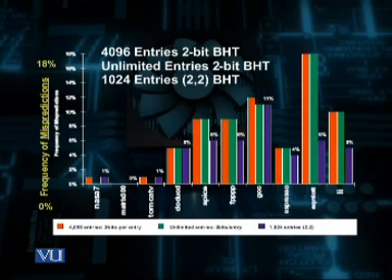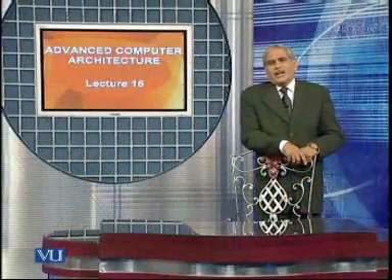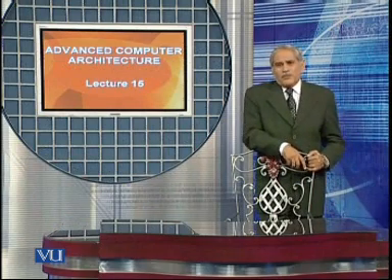But the difference is quite significant in the case of the correlating prediction buffer. So concluding over here, we can say that we can enhance the performance of the system by taking the correlating branches into consideration.